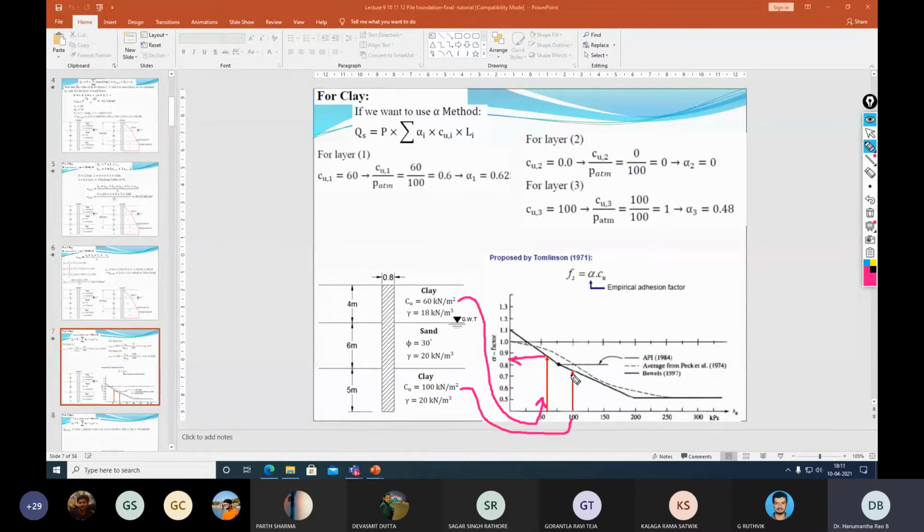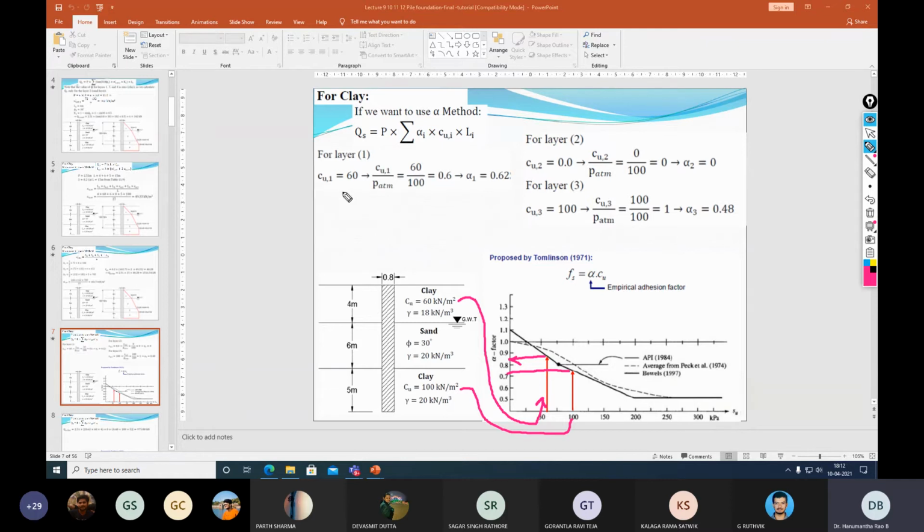Draw a vertical line corresponding to the undrained cohesion of 100 and draw another horizontal line. What you get is approximately 0.7 or 0.72 or 0.75, whatever the value. But instead of using this graph, we can also use the tabular form. Both are correct. Both theories are correct. So either this chart or the tabular form, both are valid.